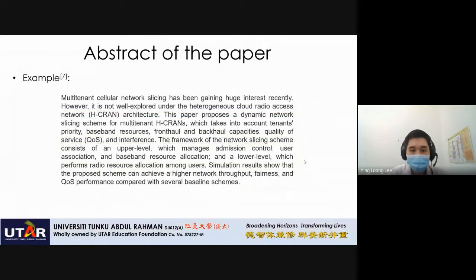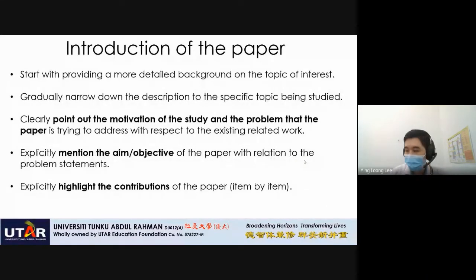All right, so this is the abstract. Here we move on to the introduction of the paper. Okay, the way that I recommend is you first start with a more detailed background on the topic that you are studying, right? For example, if you are working on a certain area for 5G communications, you should introduce the 5G first, and narrow down to the specific area that you are studying.